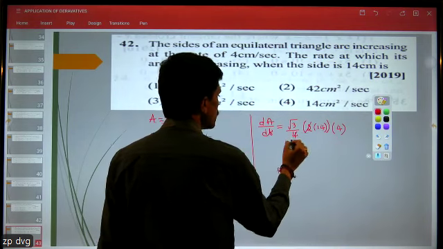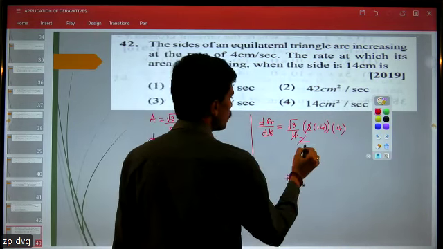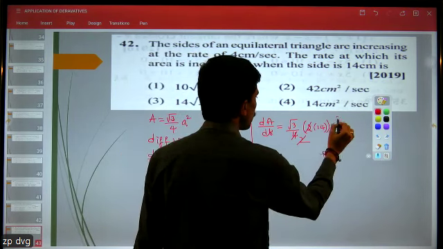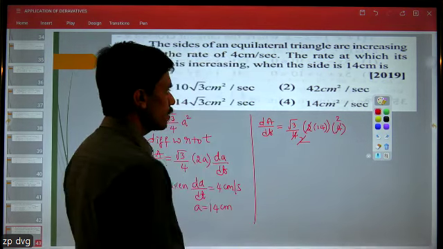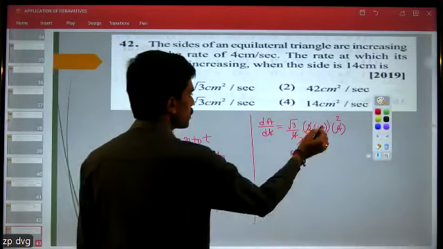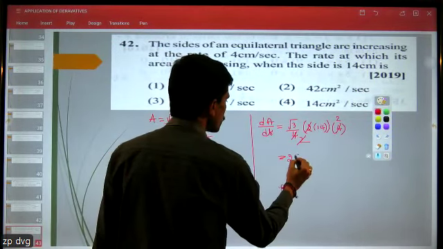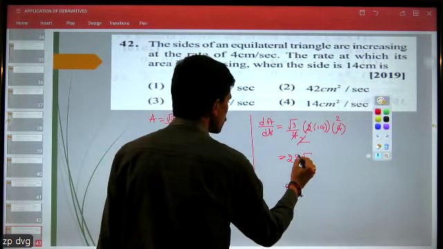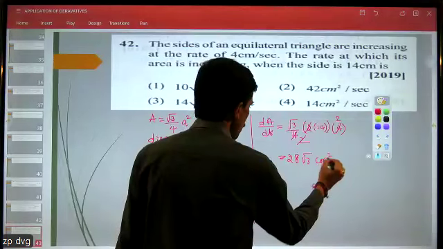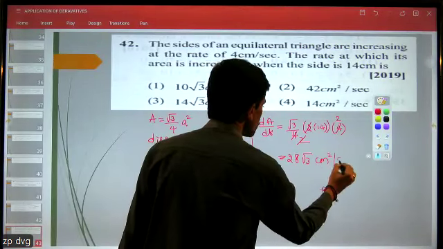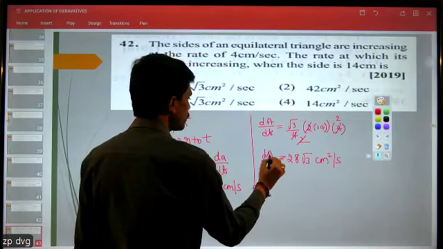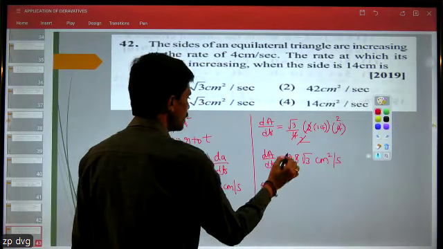Here 2 ones are 2, 2 twos are 4, get cancelled. Again 2 ones are 2, 2 twos are 4, get cancelled. So 14 twos are 28, 28 root 3 centimeter square per second.